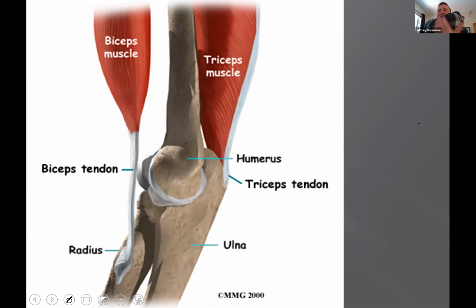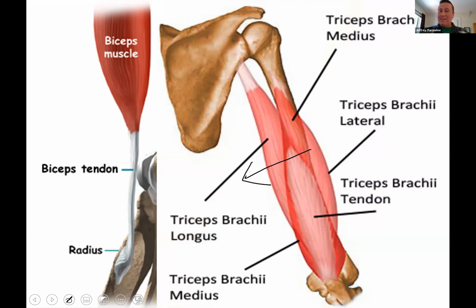All right, the back of your arm, one muscle, the triceps brachii, and it has 3 heads. And you can see it inserts here onto the olecranon. So it's going to come off your humerus and your scapula and insert on your olecranon. Yeah, that's purely going to extend your elbow. I say purely.